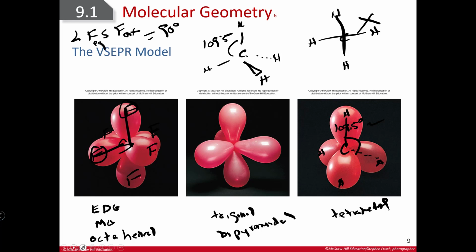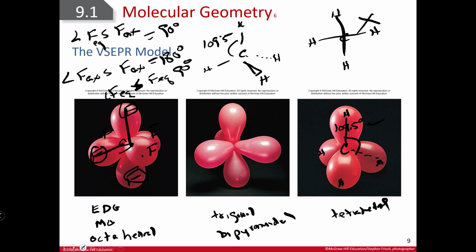You could have angle between fluorine axial, sulfur and fluorine axial, the other one, so it'd be from here to here, and you'd say 180 degrees. And you could do the angle between fluorine equatorial, that's the central atom, and then fluorine equatorial, that would be 90 degrees. So the two angles that describe this geometry are 90 and 180.